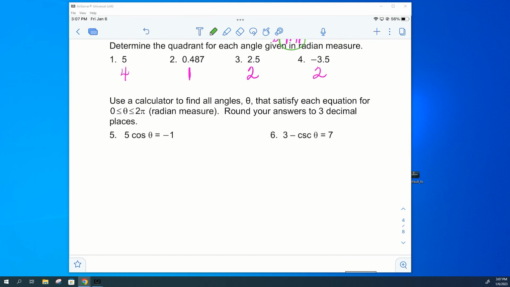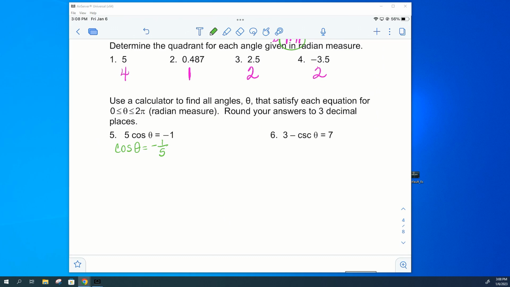First of all, I need to make sure that I isolate my trig function. So that's going to be my first step. I'm going to get down to cosine of theta is negative 1/5. I'm going to get my trig function all by itself.